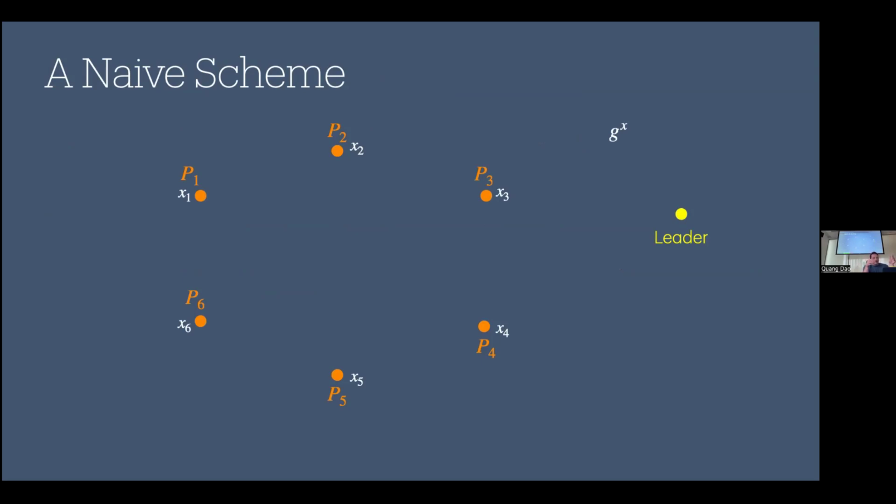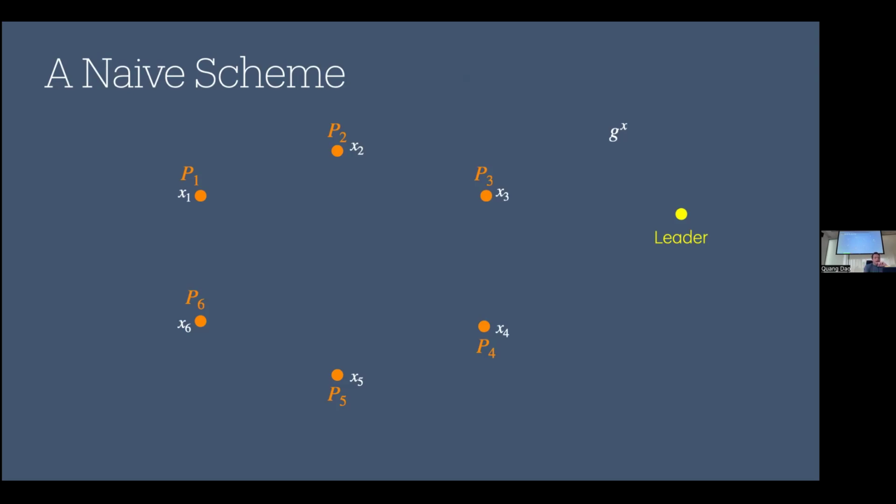In this example, we consider 2 out of 6 secret sharing. If the leader talks to 2 of the signers, she should be able to coordinate the construction of a Schnorr signature that verifies with respect to G to the X.